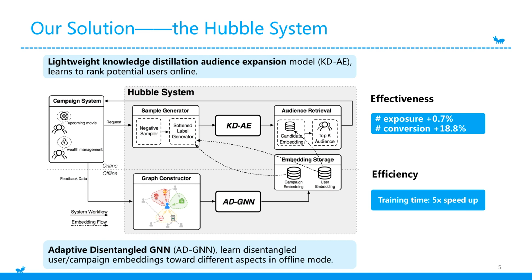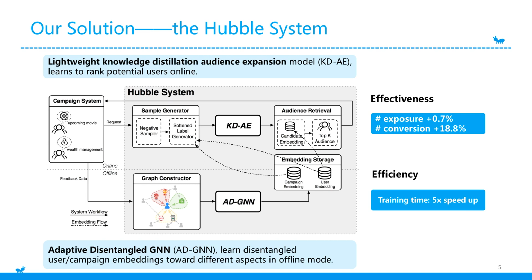In the online stage, to alleviate the coverage bias issue, we develop an audience expansion model with a knowledge distillation mechanism after receiving a request from the campaign system. On the basis of the seeds included in the request, we propose a knowledge distillation-based lightweight model called KDAE to rank all the potential users. Finally, the system returns the top K users to the campaign system.